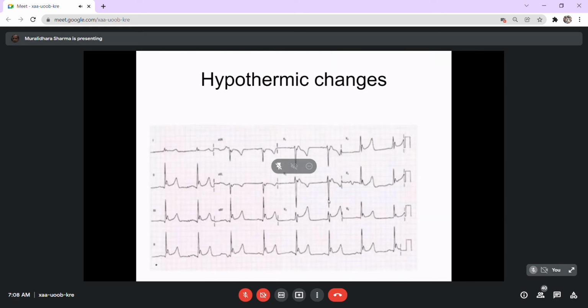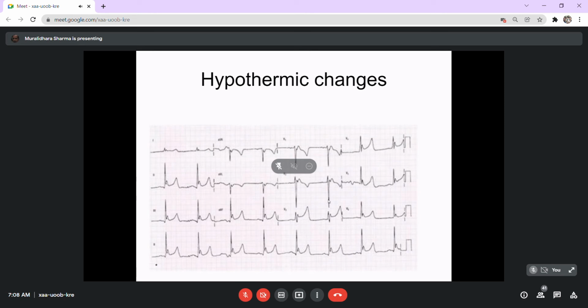Now, this is again not very clinically significant, but regarding hypothermic changes, in our practice you may not see a hypothermic condition. But if at all you are practicing in an extremely cold area where the person would be possibly exposed, like mountaineering and so on, the possibility of hypothermia can occur.